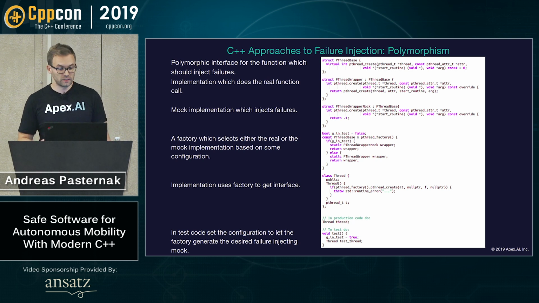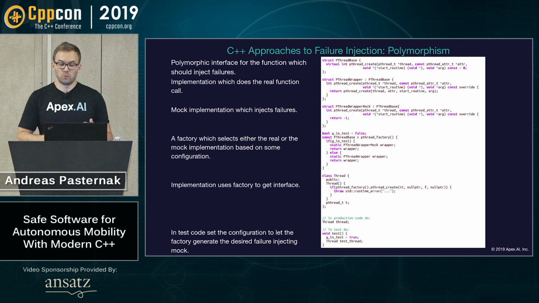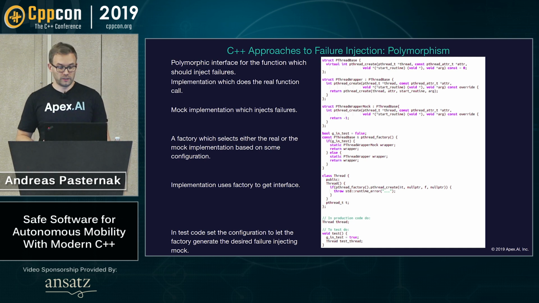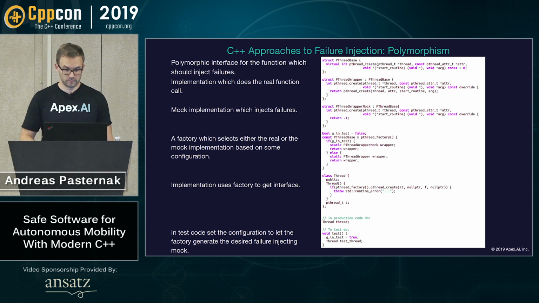One way to do this is to have a factory which selects either the real or the mock implementation based on some configuration. Your production code then needs to use this factory to get the interface, and in your test code you can use this global configuration to enable the mocking behavior.